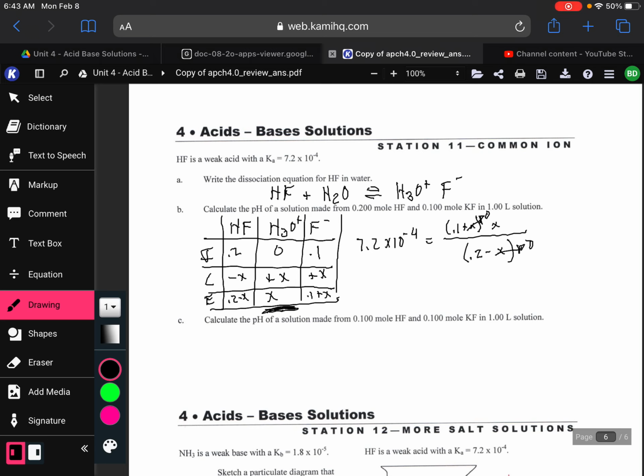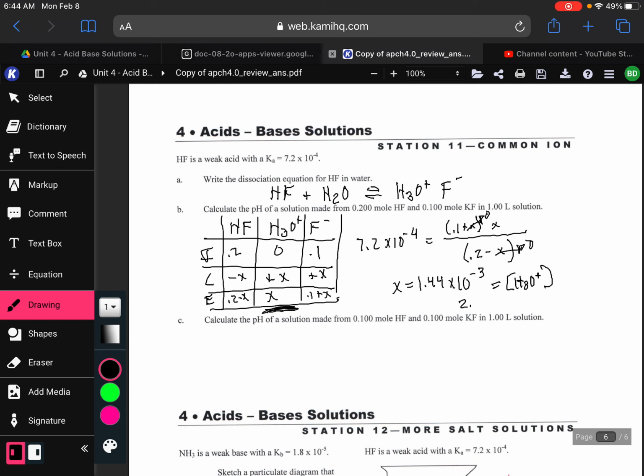So let's see here. I got an X value equal to 1.44 times 10 to the -3rd. And that is my hydronium concentration. So to find the pH, I just take the negative log of that, and I get 2.